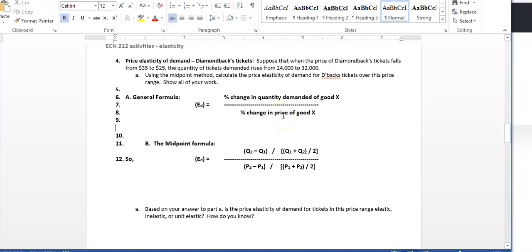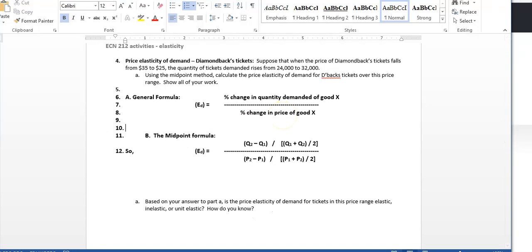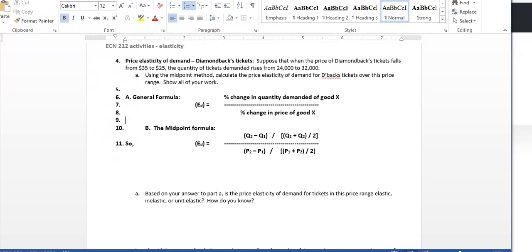Price elasticity of demand is the percent change in quantity demanded of good X divided by the percent change in the price of that exact same good. So we're looking at the relative percent change in quantity relative to a given percent change in price. And again, how do we calculate these percentages?